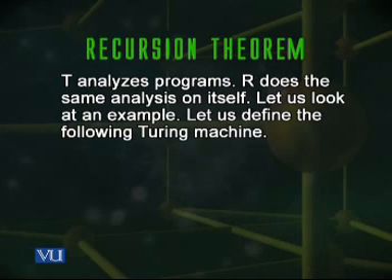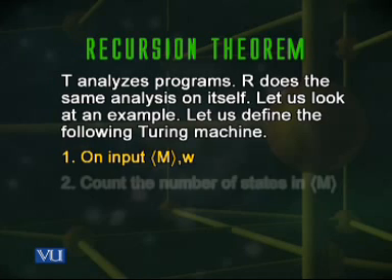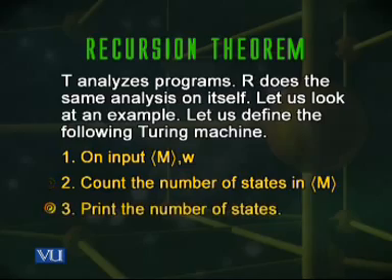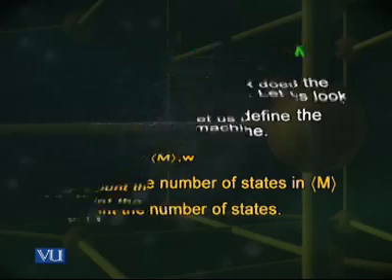Let's look at an example. Let us define a Turing machine in the following way. On input ⟨M⟩, w, this Turing machine gets a description of a Turing machine and some other input. Suppose it counts the states in M and prints the number of states. So we have made a very simple Turing machine which gets a Turing machine as an input, counts the number of states in it, and prints that number.